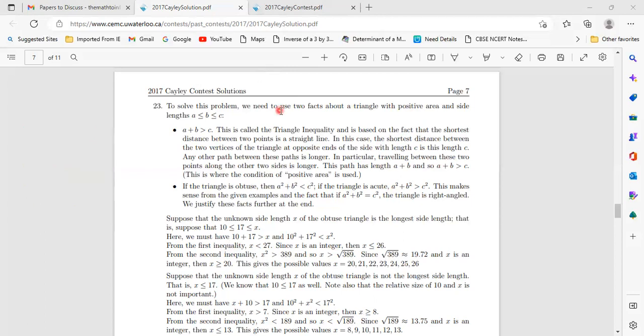All right. So they're saying that we need to use two facts about a triangle with positive area on the side lengths.